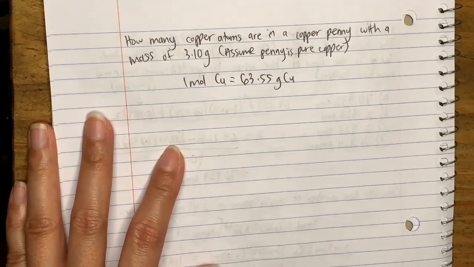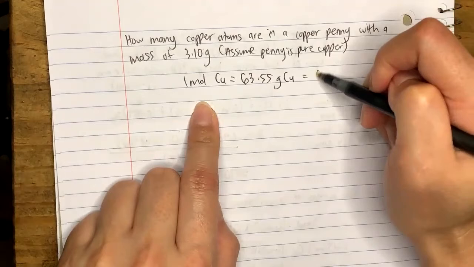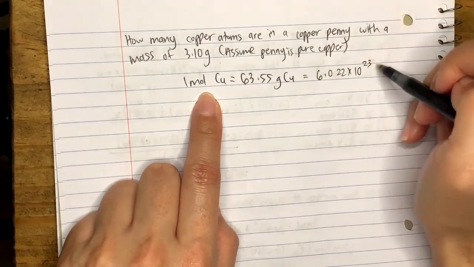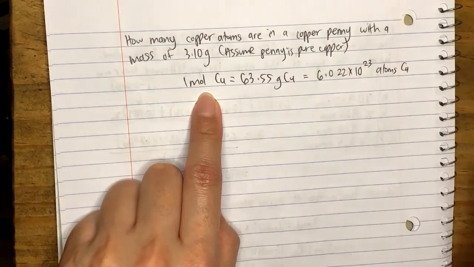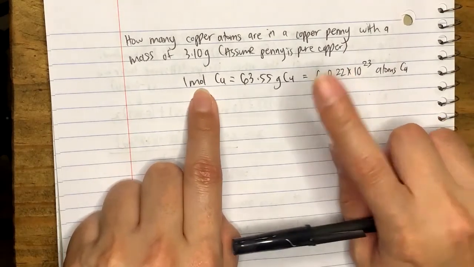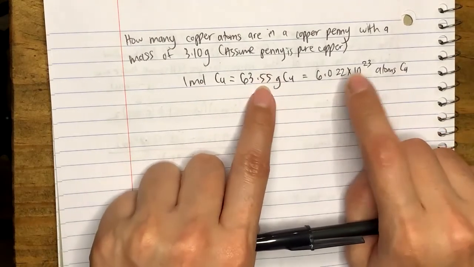And then they also want you to find atoms. Remember, 1 mole of copper has how many atoms? 6.022 times 10 to the power 23 atoms of copper, because that's Avogadro's number. So that equals that, and that equals that. What we're going to use is this connection right here.